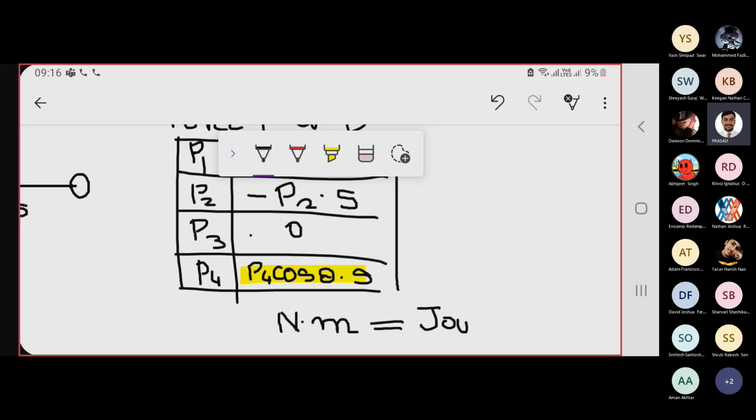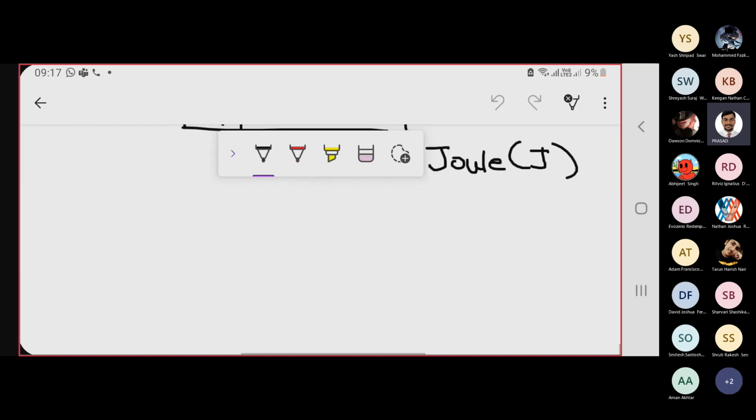Hence, a joule may be defined as the amount of work done by 1 Newton force when a particle moves 1 meter distance in the direction of that force. Let's go to the next.